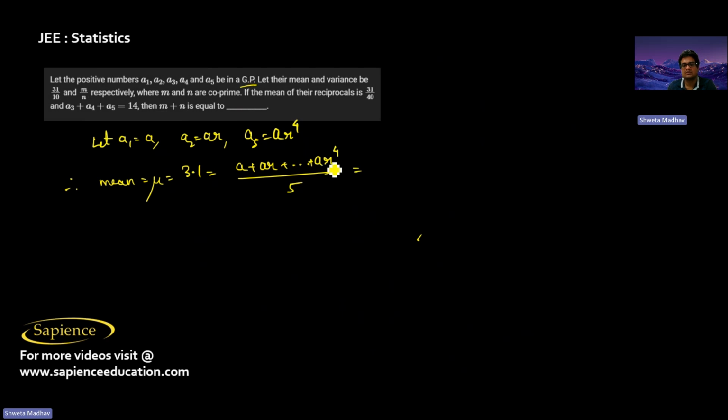So this will be the sum of 5 terms, so A into R power 5 minus 1 by R minus 1 divided by 5. So that is equal to 3.1.